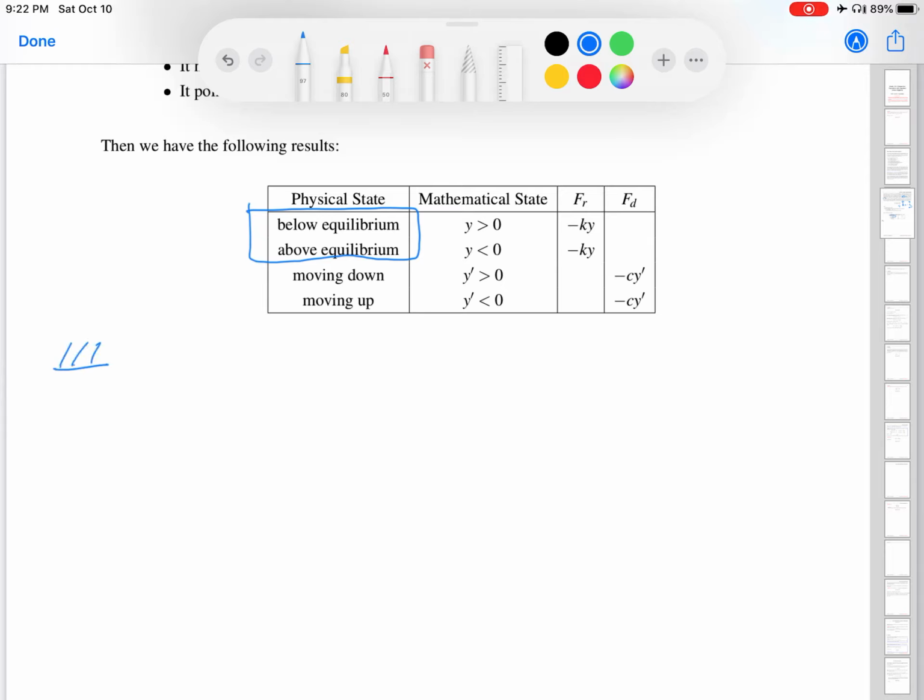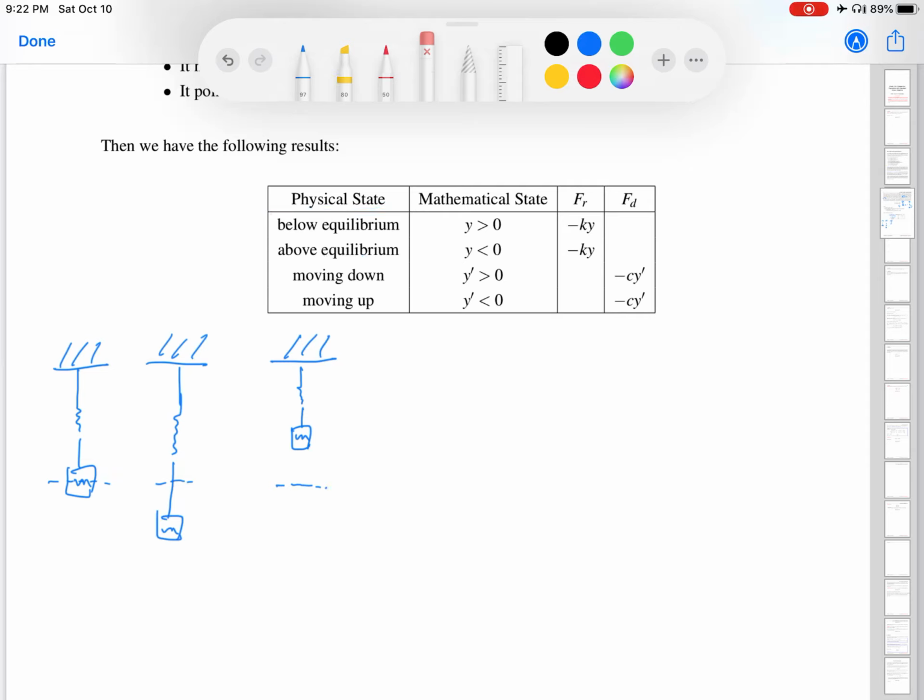So I'm going to draw the original mass at equilibrium, and then right next to it, I'm going to draw the mass below equilibrium, and then I'm going to draw the mass above equilibrium. And we're just going to analyze, using Hooke's law, what happens in each one of these cases.